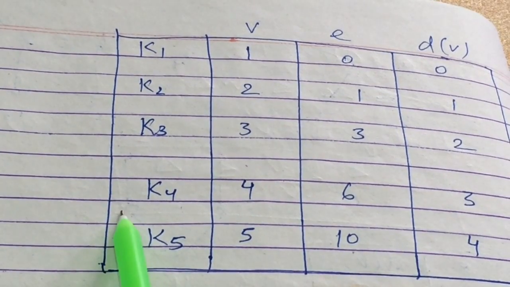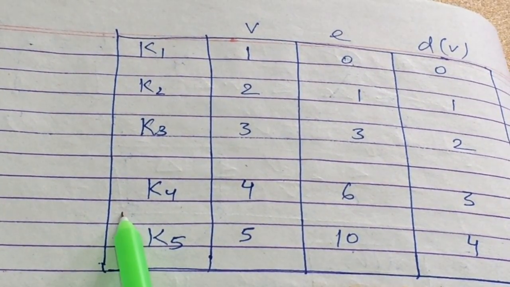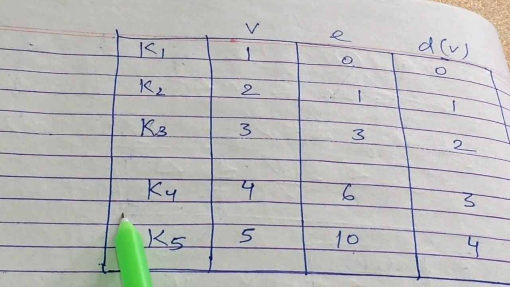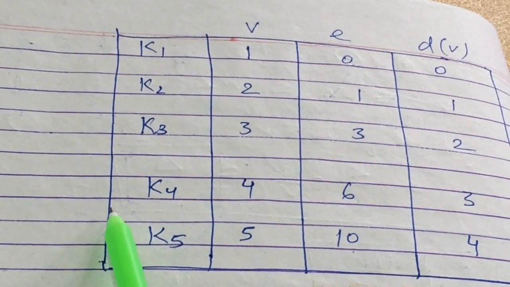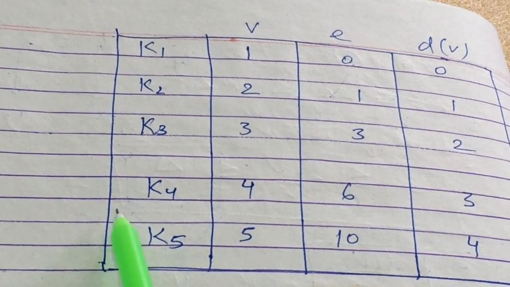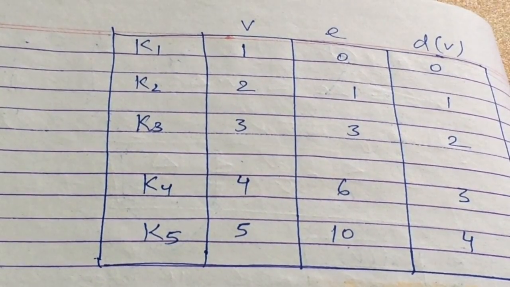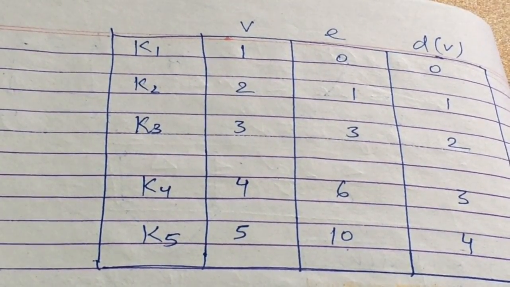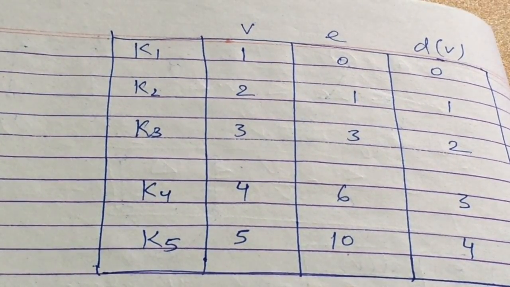Okay, so if you are asked what will be the degree of each node in a complete graph having n vertices, then the degree will be n minus 1 for each node. But if you are asked to find the maximum number of edges in a simple graph with n vertices, what will be your answer?